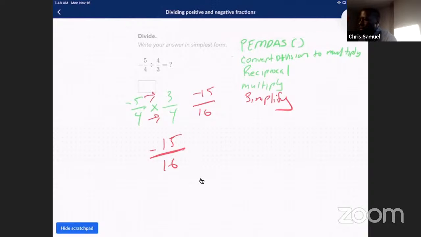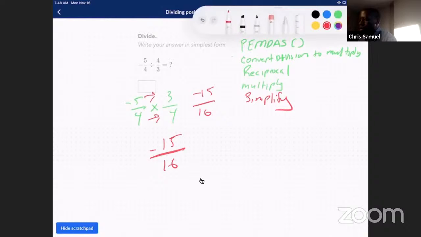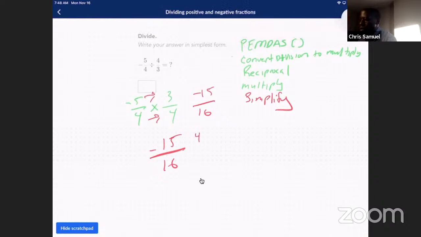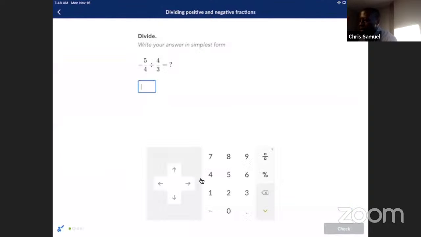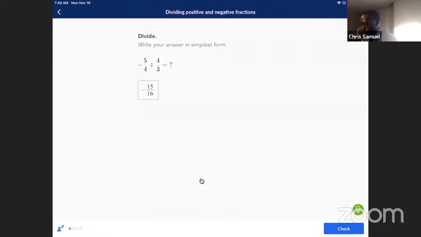We also have 4, which wouldn't work for this. 5 would work for here, but 5 wouldn't work for this one. 6 won't work either. So 15/16 is probably the lowest form. All right.